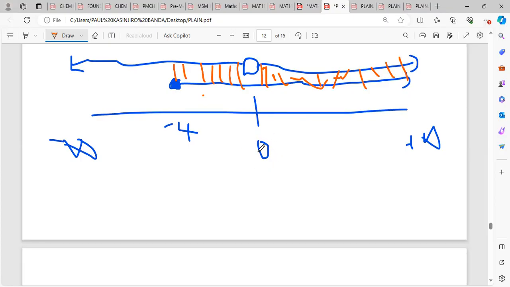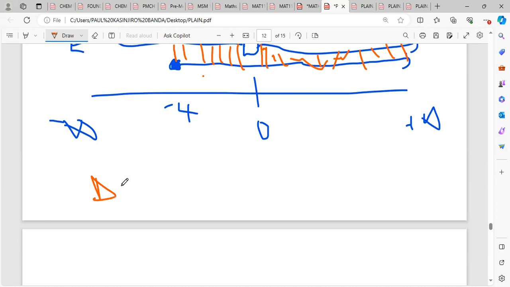Then again it starts at 0 without including it, all the way to positive infinity. So the domain will be minus 4 all the way to 0, then union, starting at 0 again, all the way to positive infinity.